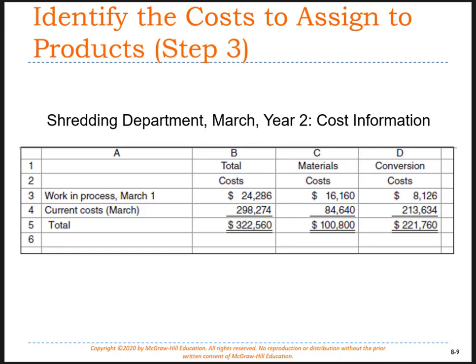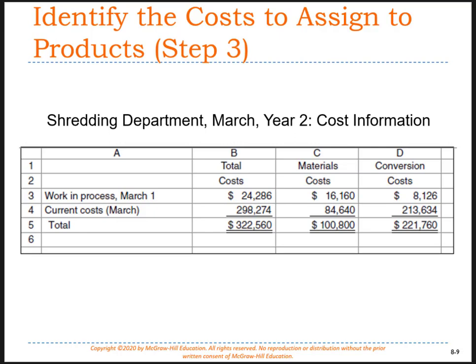So you can kind of imagine trying to track your direct labor to that department. Now, it's a little easier than job costing because typically your workers are going to be assigned to a department, right? So worker A is going to work in the shredding department. That's their job. And so we don't have to worry too much about their time card, because we just know all of their hours are on the shredding department because that's where they work.